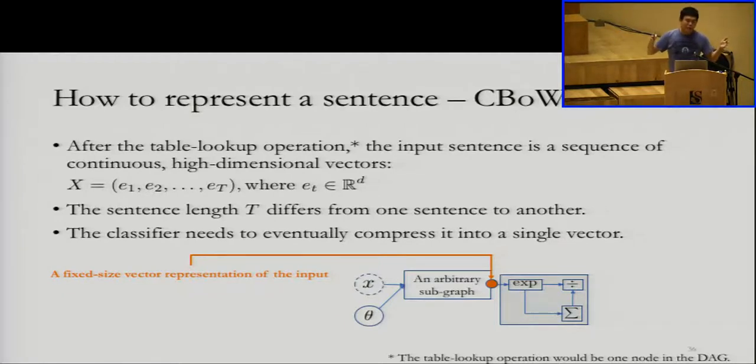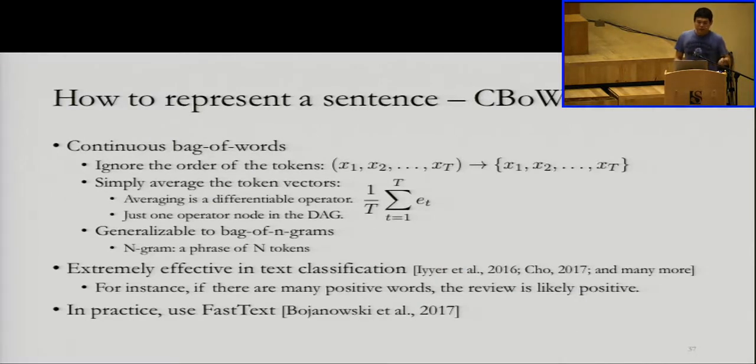Now, in the case of continuous bag-of-words, as the name suggests, we're going to simply ignore the order of the tokens in a sentence and say that this is a bag of all those tokens. Then we have a bag of token vectors, and we simply take the average of those token vectors. The nice thing is that averaging is a differentiable operation, and it can be computed extremely efficiently.